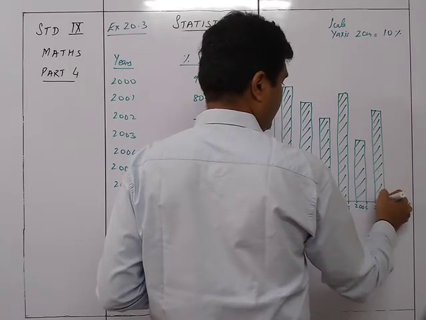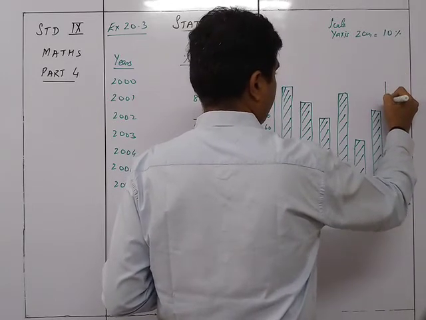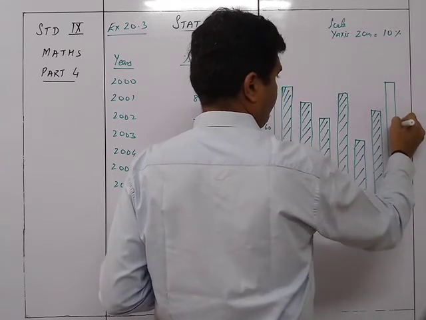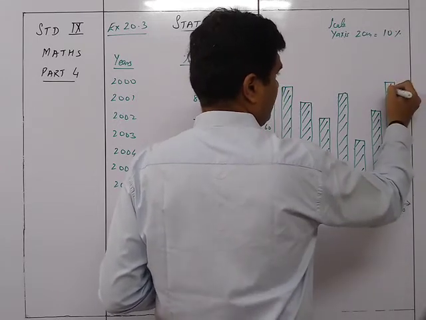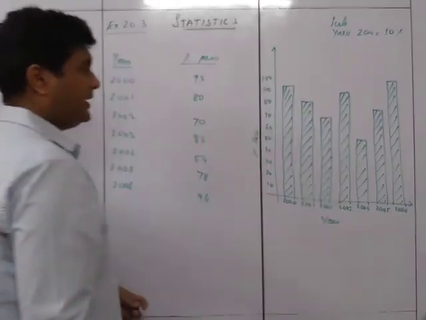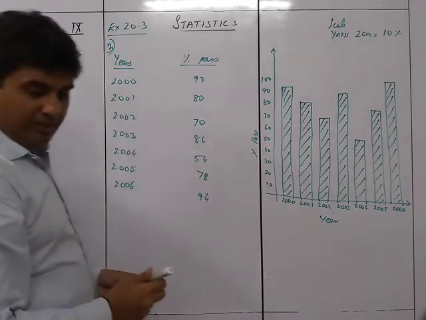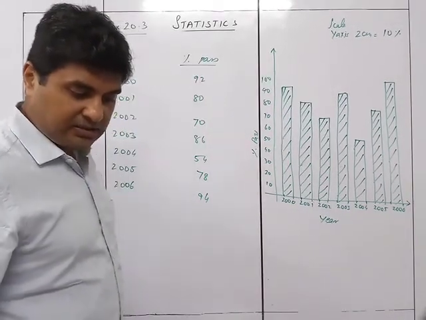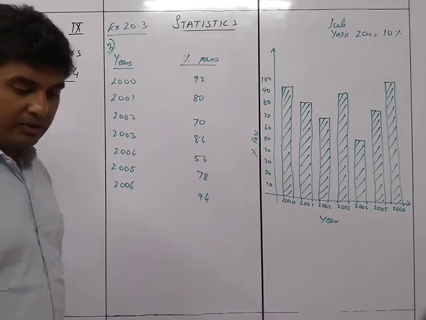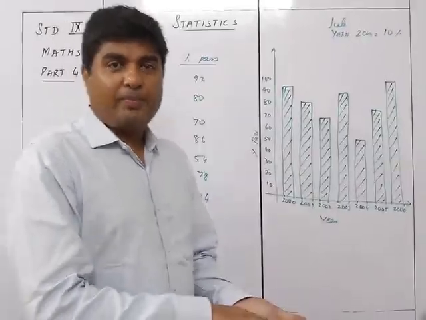So 94 will be 6 lines below 100. Okay, so this is your required bar graph for sum number 3. You have to represent the bar graph, so that's the bar graph. Okay. So now we move on to sum number 5, but in the next video.